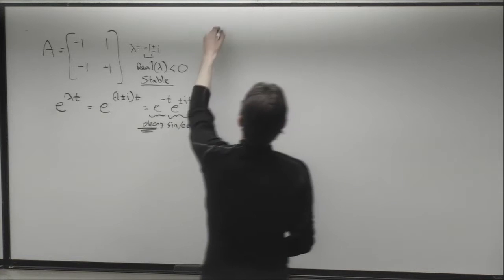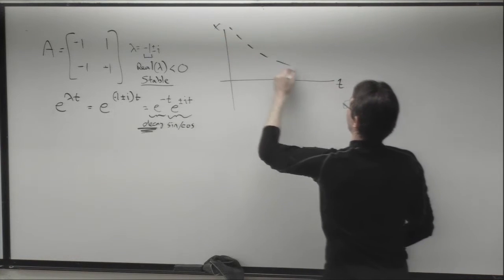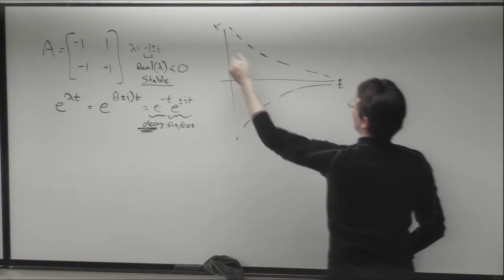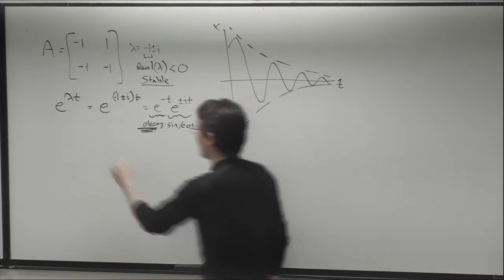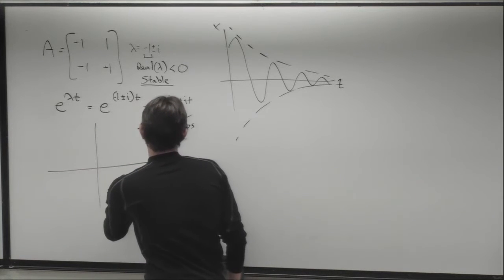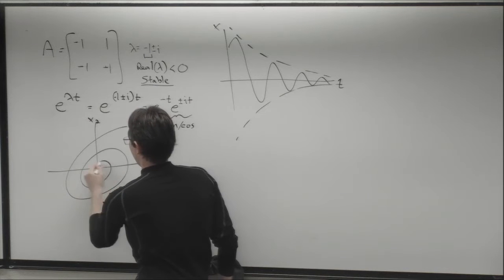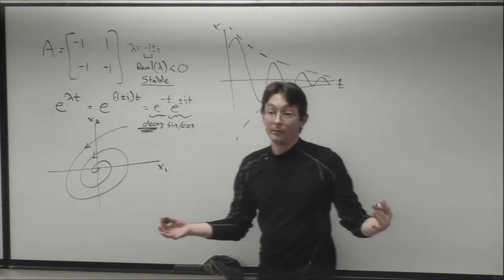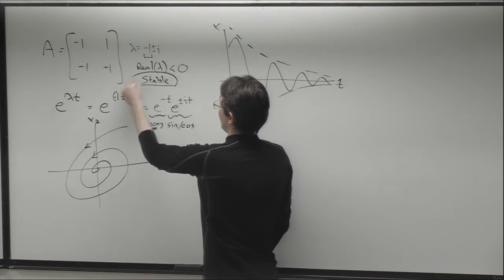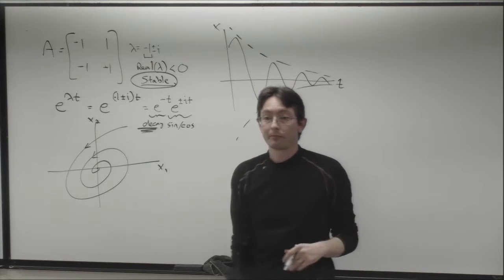So remember, the solution to this looked like, I have this exponentially decaying envelope, and my solution is oscillating as it decays. So the phase portrait here, x1, x2, kind of spirals into the origin forever. Okay, so it's stable. And this is called a stable spiral because it's spiraling in.